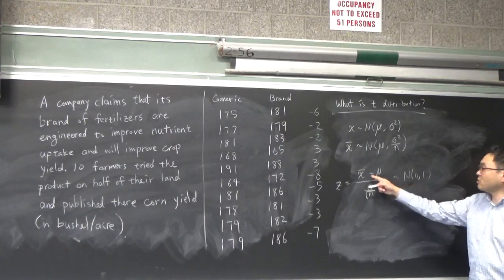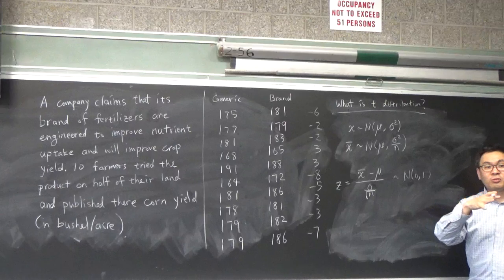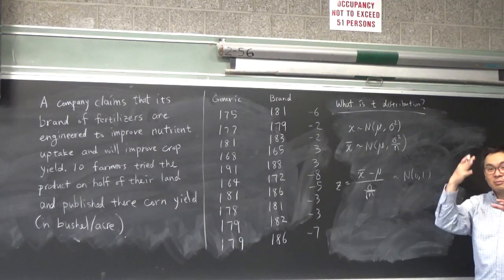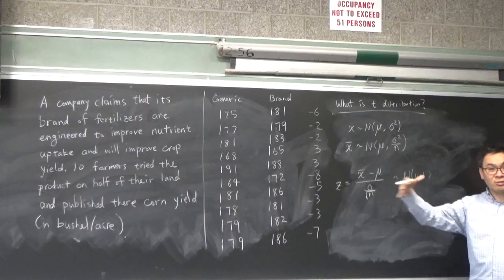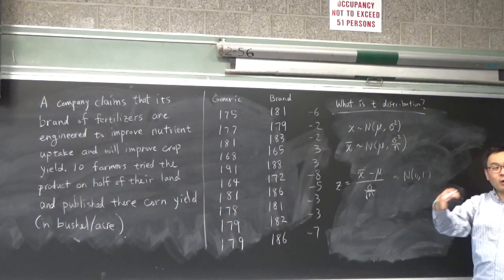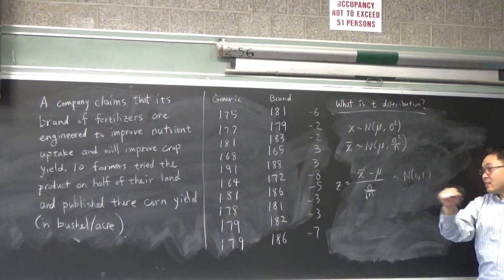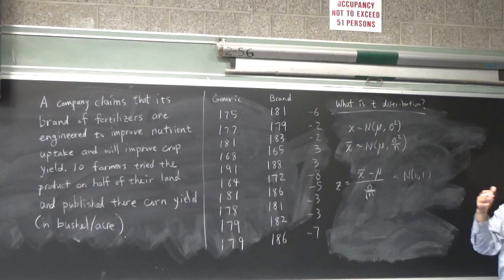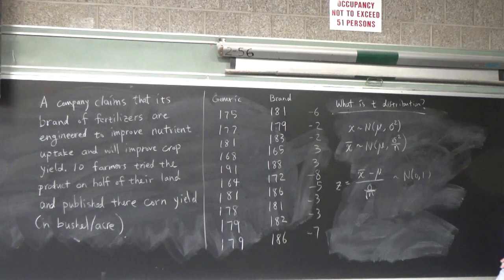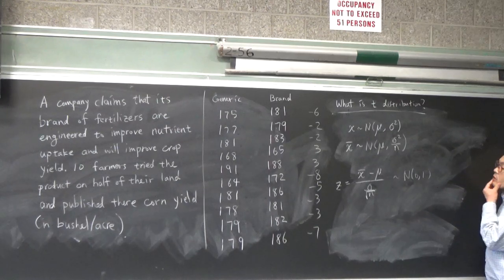Because what is this doing? Subtracting mu shifts the entire data so that the middle point is 0, and then dividing by the standard deviation shrinks it down so that the wideness of the data is 1. Okay? Standard deviation gives you the width of the data, right? So that's what happens.